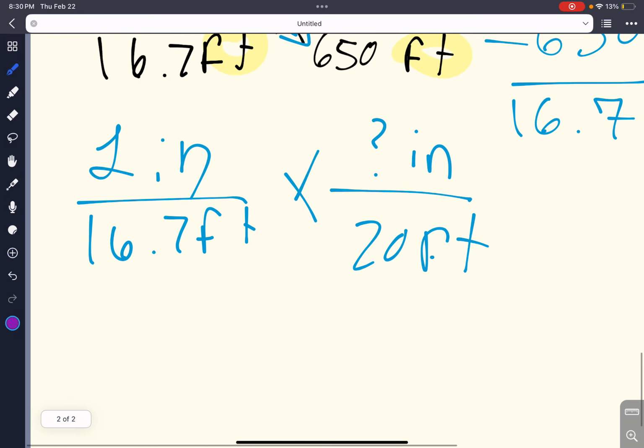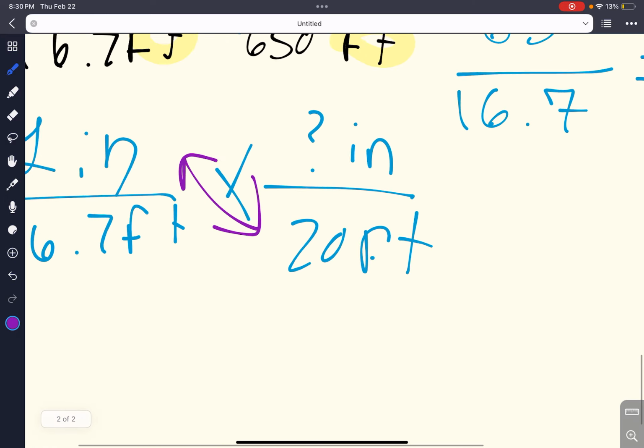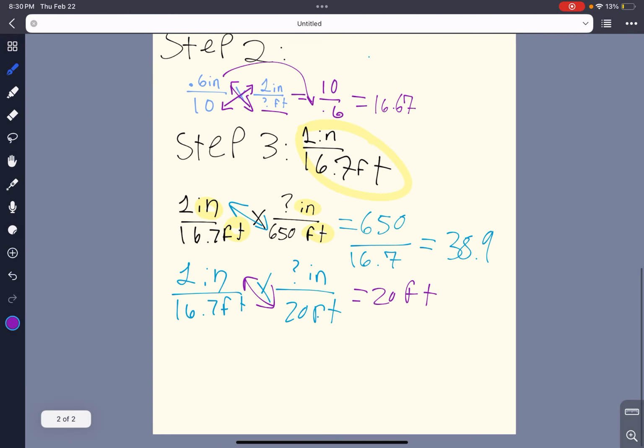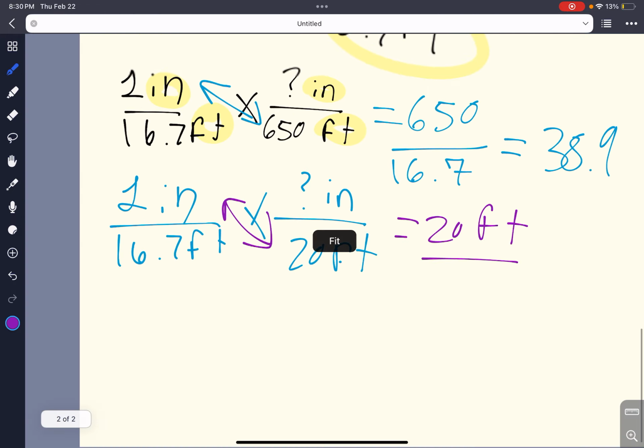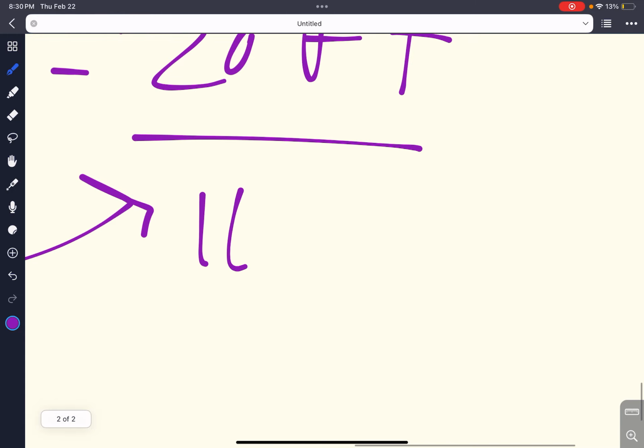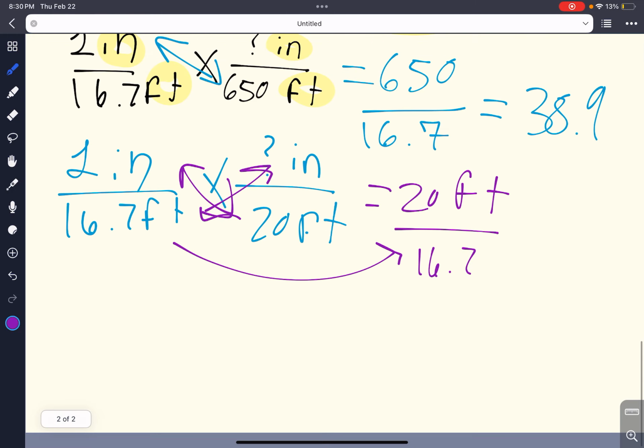And then you're going to do the same process. You're going to multiply these, and those would be 20 feet over 16.7, because we can't multiply 16.7 by a mystery number. So the 16.7 remains down here on the bottom.